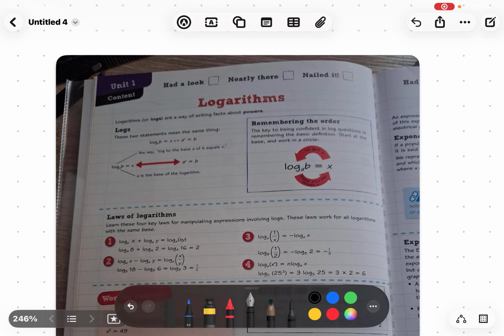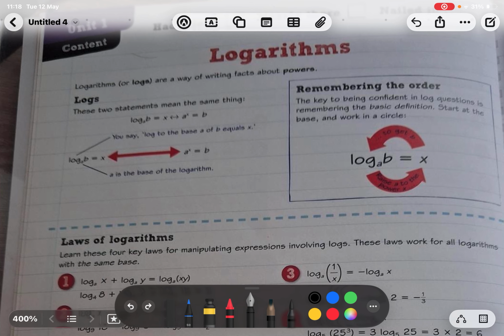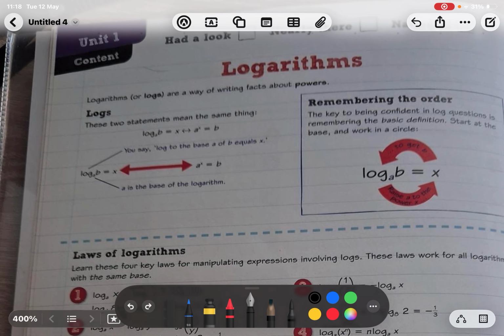So, logarithms. Logarithms or logs are a way of writing facts about powers. These two statements mean the same thing. So this is the same as this.